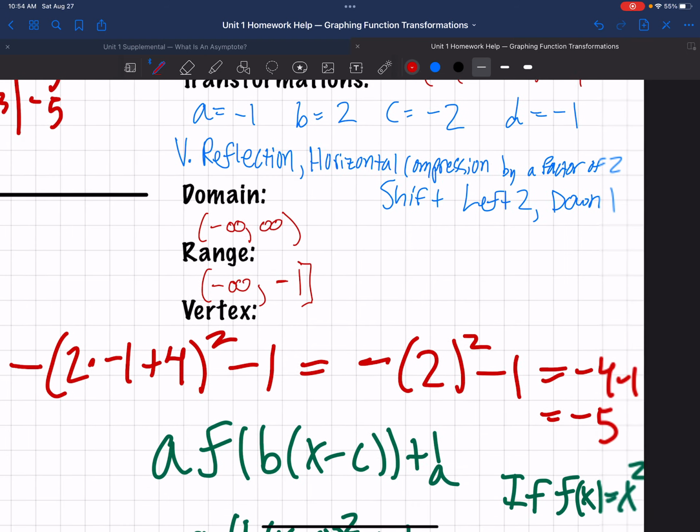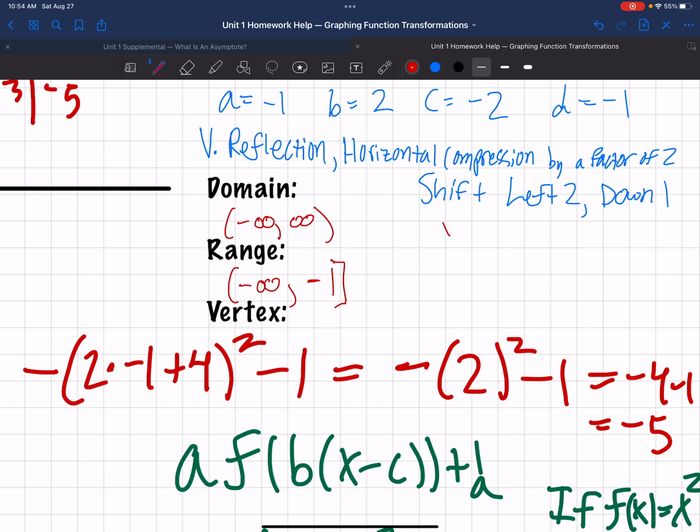What would this look like in inequality notation? Well, x is less than infinity, more than -infinity. And then the range, this is all y values smaller than or equal to -1.